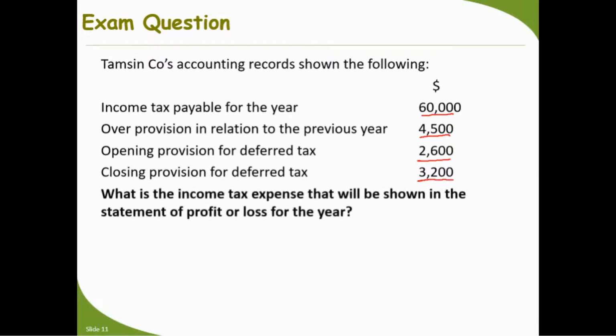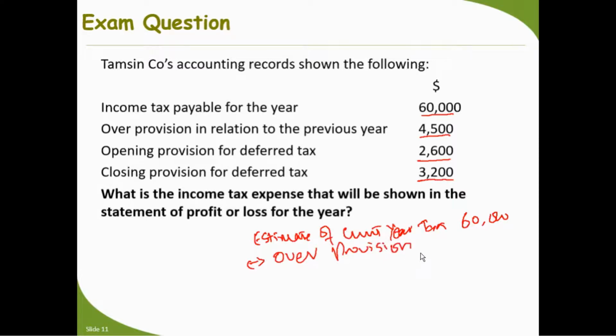What is the income tax expense that will be shown? So he is asking about the income tax charge. The method is, first of all, the current estimate of current year tax, which is 60,000. The previous period you have over provision, so you will subtract the over provision of 4,500.